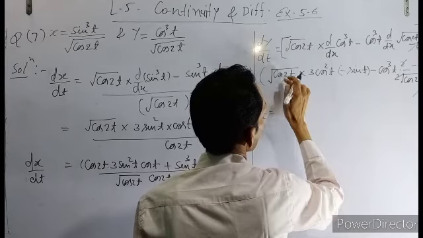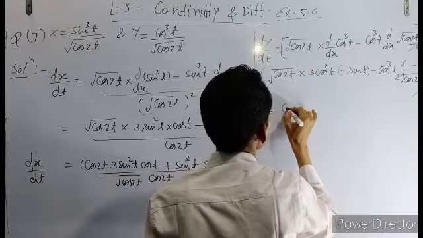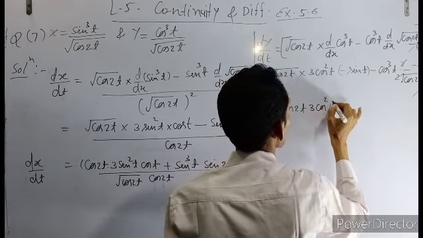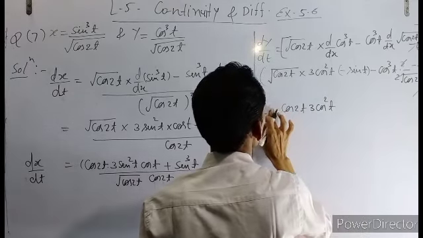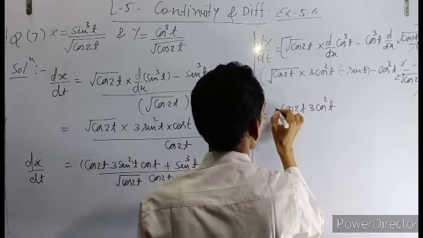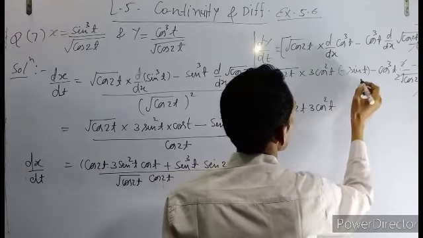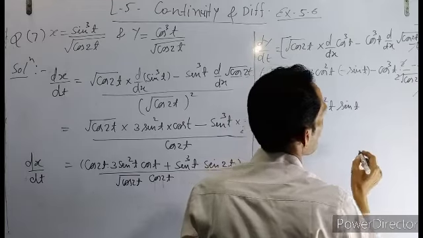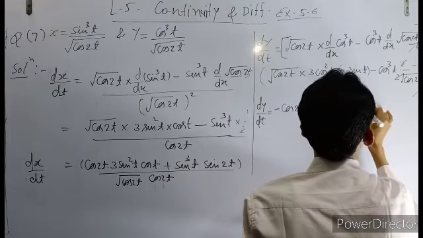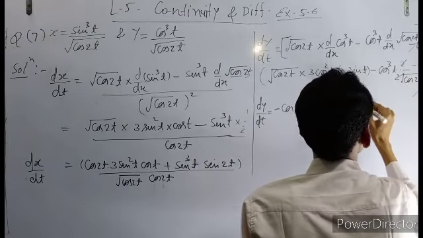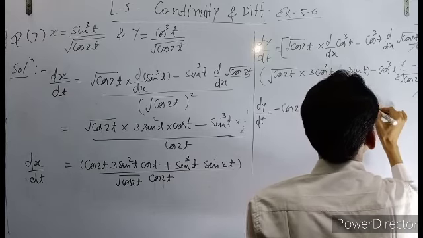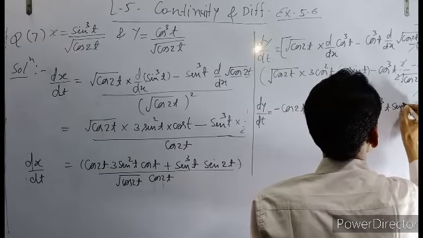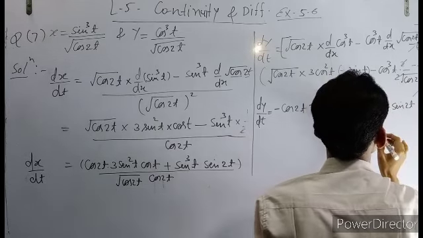By taking the LCM, the root will cancel out and there will come cos 2t into 3 cos square t, minus sin t, plus cos cube t sin 2t.